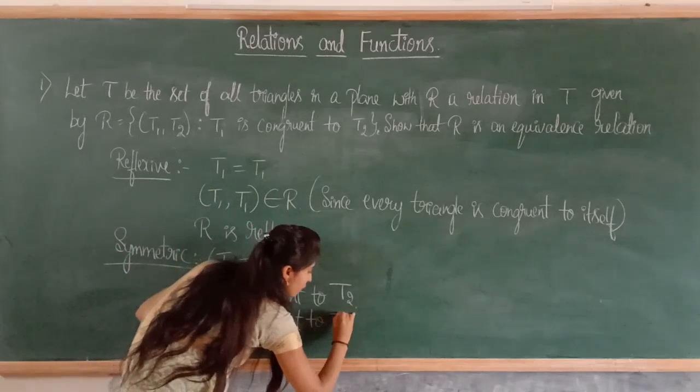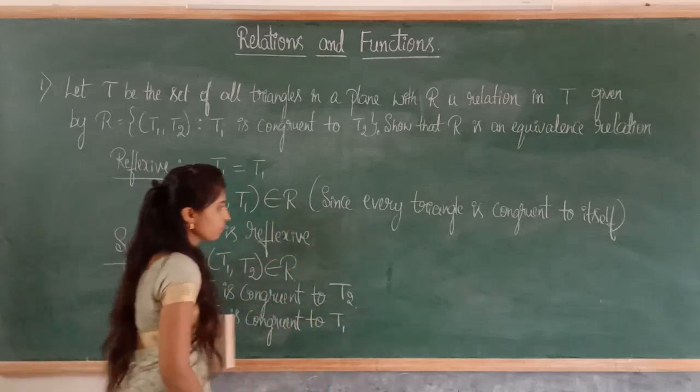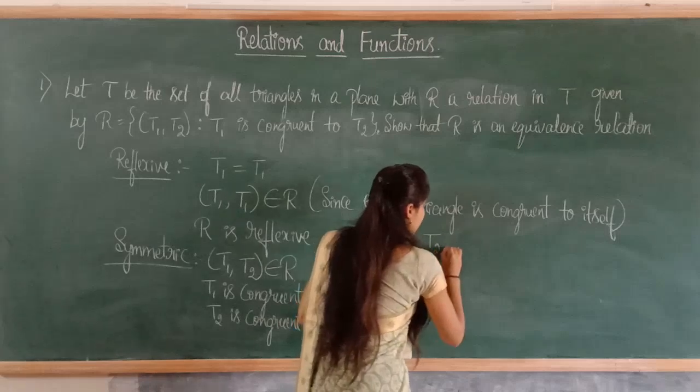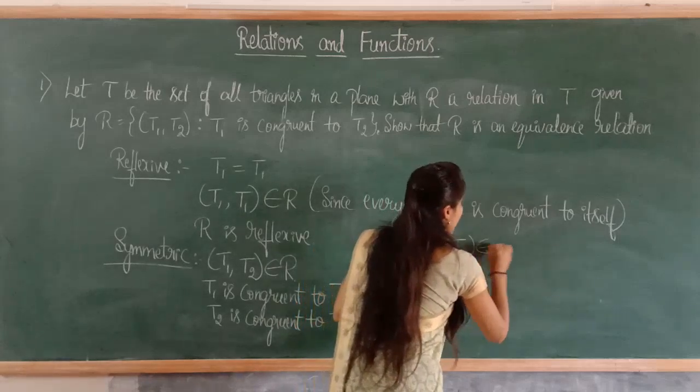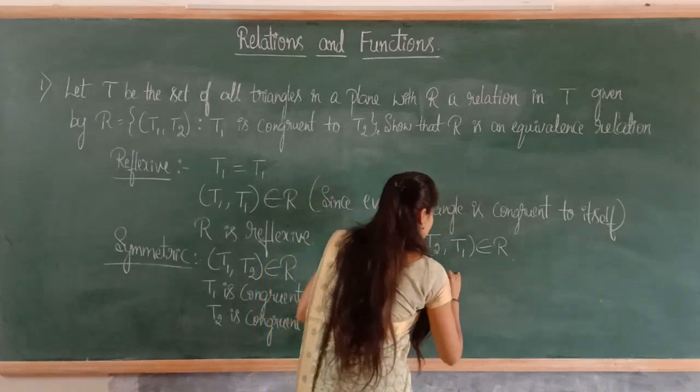So (T2, T1) belongs to R. Therefore, the given relation R is symmetric.